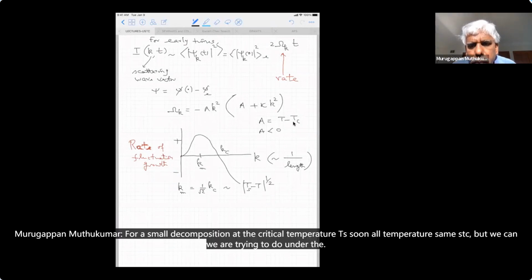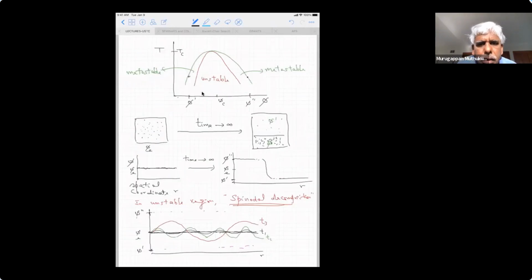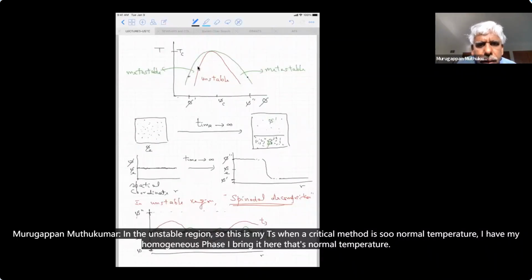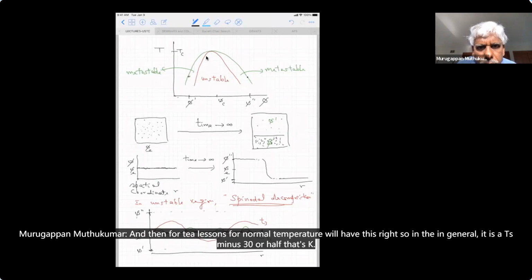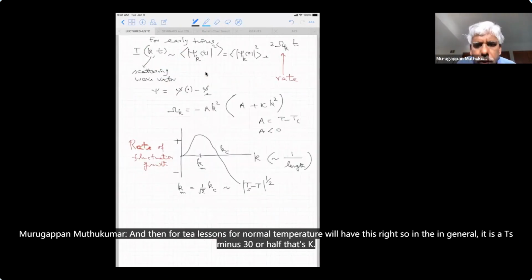For a spinodal decomposition at the critical temperature, Ts, the spinodal temperature, is the same as Tc. But we are trying to do this in the unstable region. So this is my Ts, the spinodal temperature. I have my homogeneous phase, I bring it here, that's the spinodal temperature. And then for T less than the spinodal temperature, we'll have this. So in general, it is Ts minus T to the power half, that's Km.